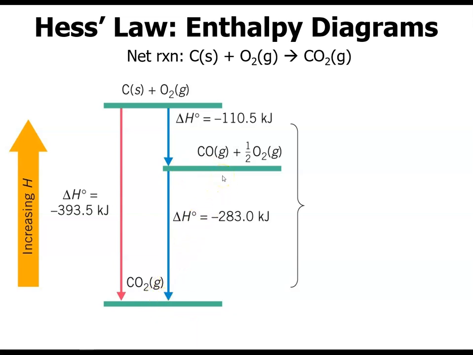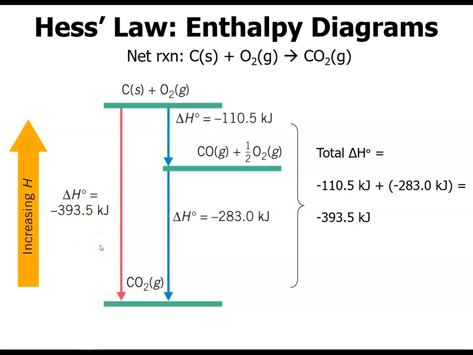So this is just a good graphical description of this law and how this works, where the vertical axis is the enthalpy scale and the horizontal line tells us where these different states of the reaction are, or how far along that pathway they are. And you'll notice again that when we add these 110 and 283 together, we get that total. The total should be the same.